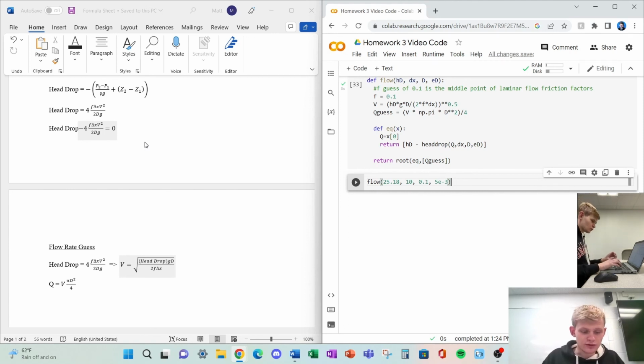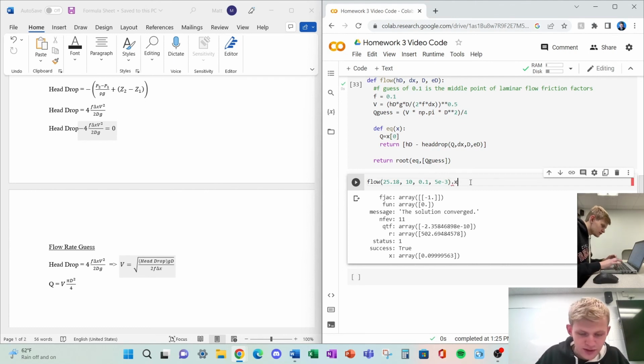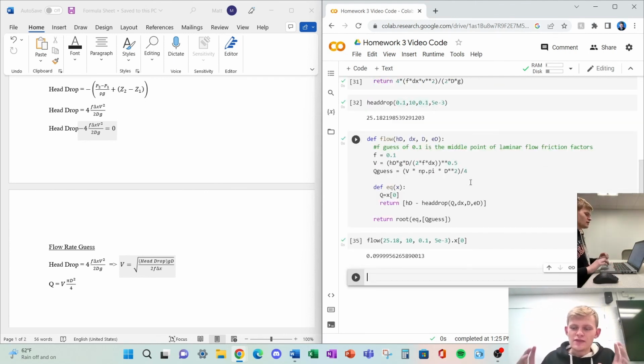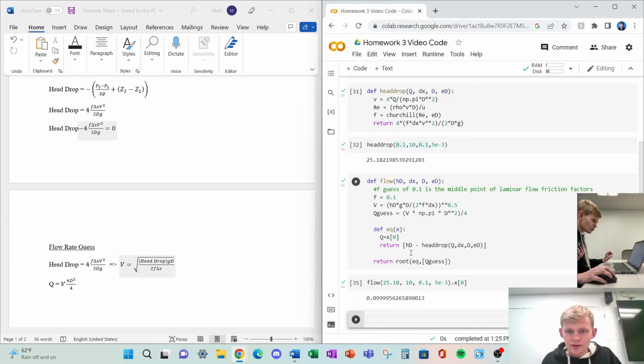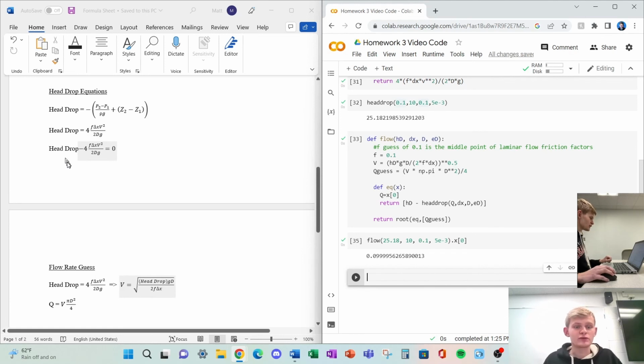So we are going to then, oh, actually I forgot. I only want the first value. And this is very good because it's not exactly 0.1, but it's going to round to 0.1, which shows that our two flow rates that we found are the same, which also proves that our head drop formulas are working as well.